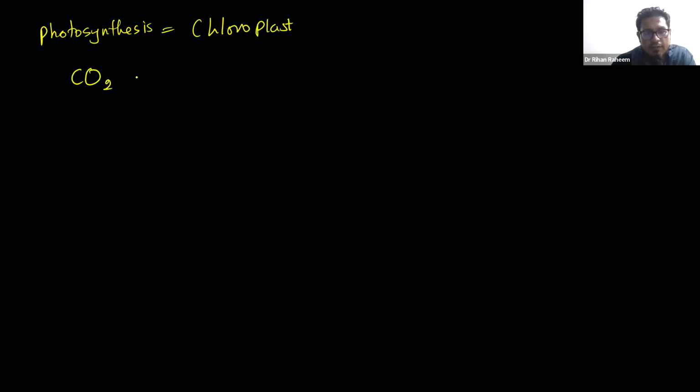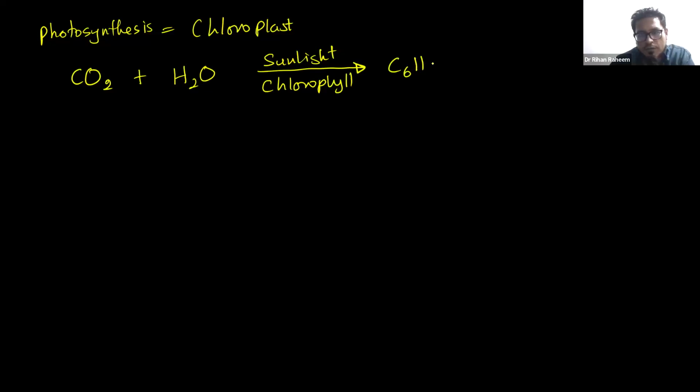Carbon dioxide goes into the plant. Water also gets absorbed from the root. And they will go into the leaf with the help of two people. Who are the two people? Sunlight and chlorophyll will produce glucose, C6H12O6, and produce oxygen gas.